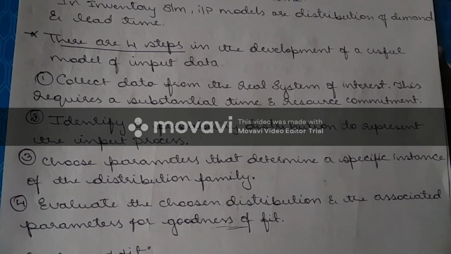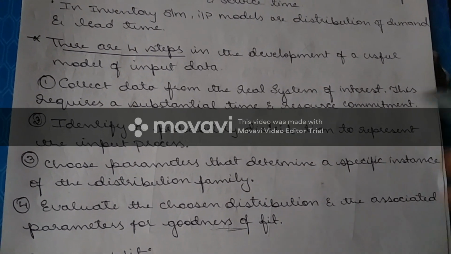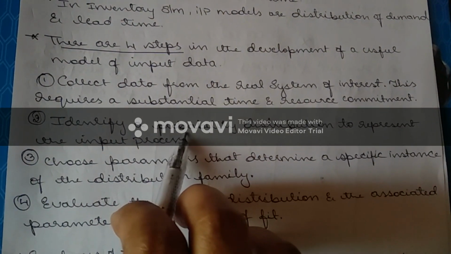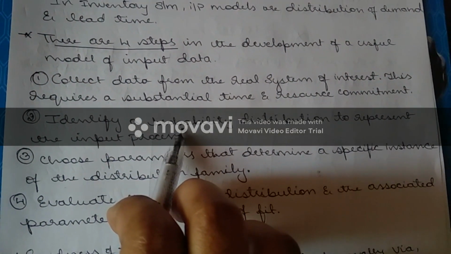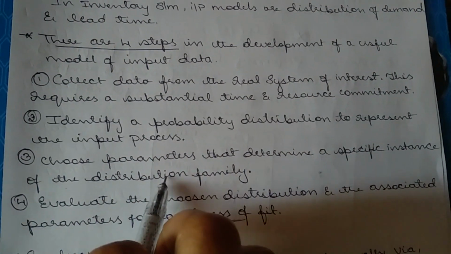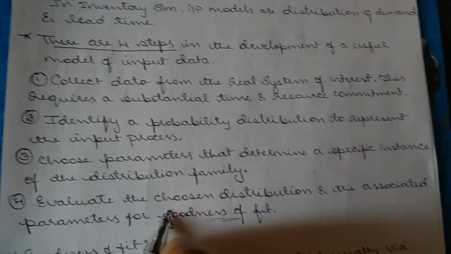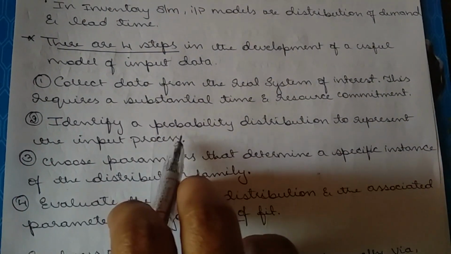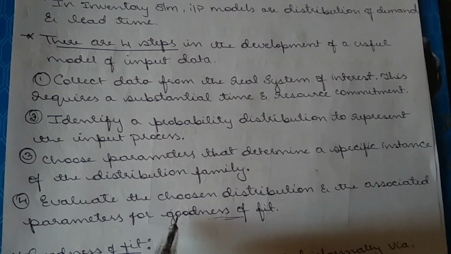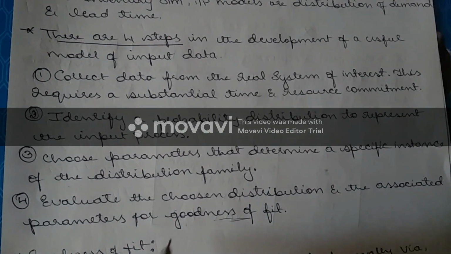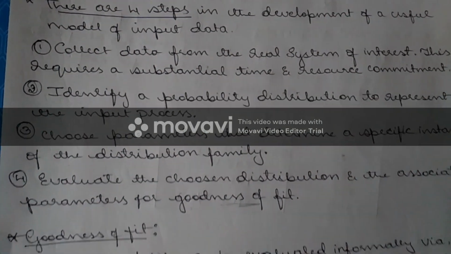If so, you accept, or else you reject, and again you have to choose a different probability distribution, a different distribution family, and then check. Once this fails, again you have to go back to step 2 and do all the things again. Now we'll see this goodness of fit.